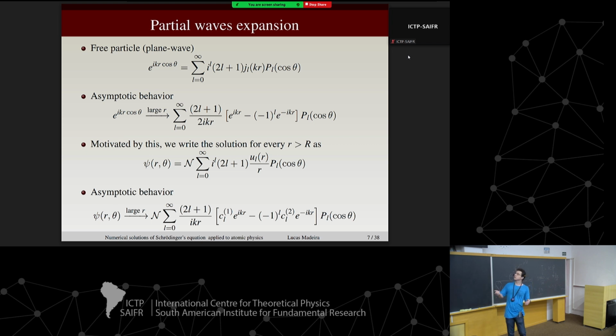And then if I want to decompose my incoming plane wave, which is e to the i k z, where z I can write as r cosine theta, I find out that if I divide it in a sum of components with different angular momenta, the plane wave has an infinite number, has all the possible values of the angular momentum, all values of l, okay? This is called Rayleigh's expansion, okay? It's just a mathematical expansion of this function here.